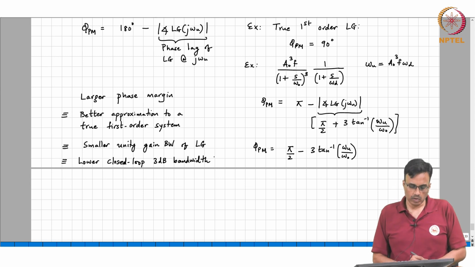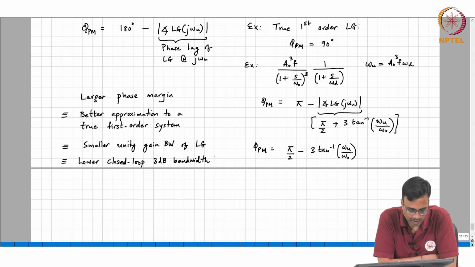Okay. So, as you can see, like everything in life, there is a trade-off. If you want a better phase margin, you basically lose bandwidth, right.